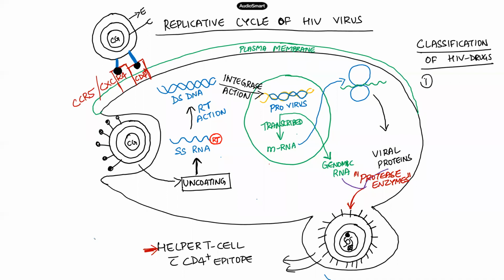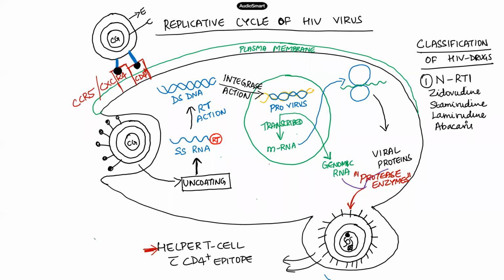So the first drug group that we have over here is called nucleoside reverse transcriptase inhibitors, which are called NRTIs. And the drugs that we have are zidovudine, stavudine, lamivudine, and abacavir.